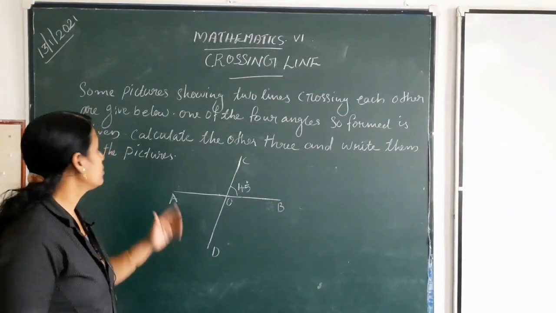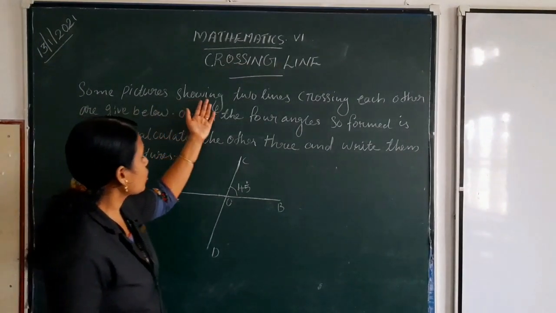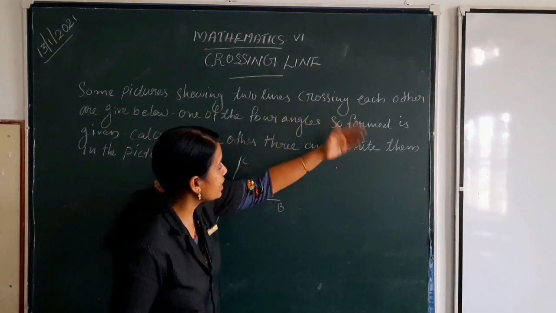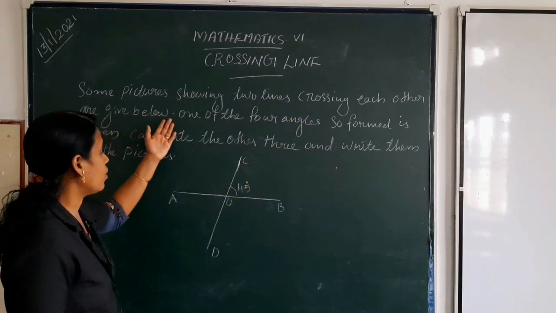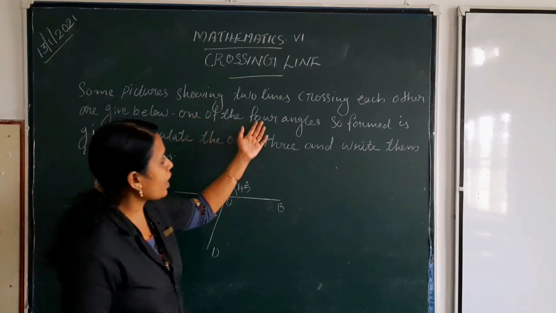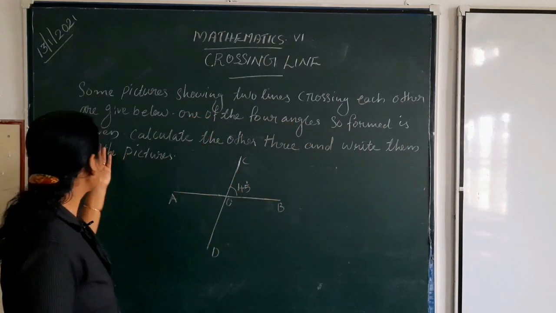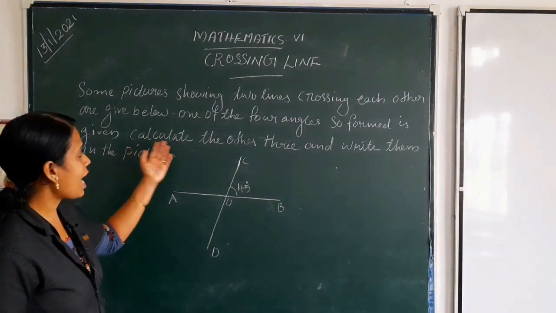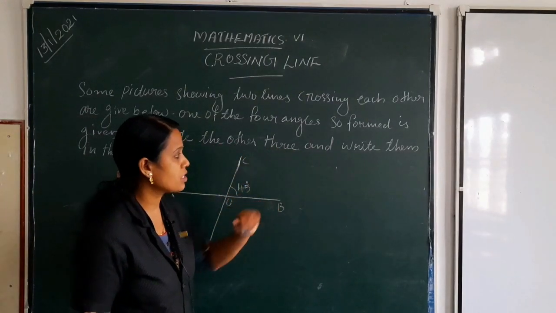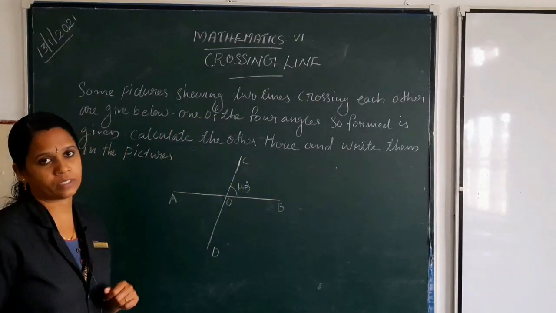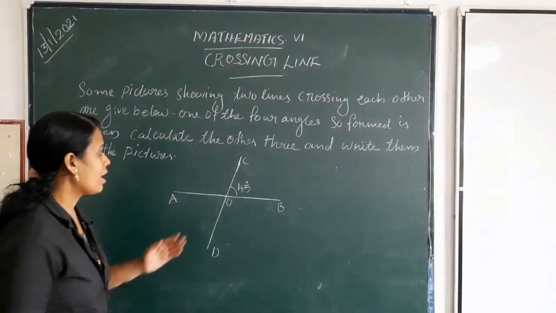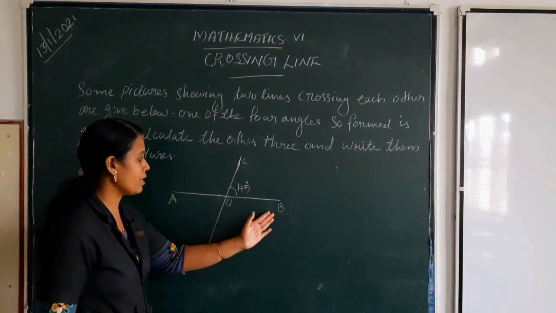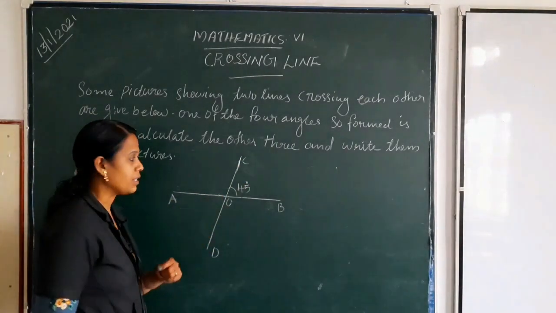Here question is, some pictures showing 2 lines crossing each other are given below. One of the 4 angles so formed is given. Calculate the other 3 and write them in the pictures. Here angle COB is given 45 degree.